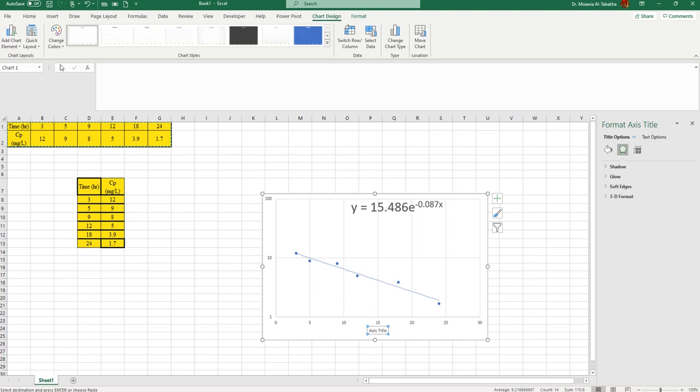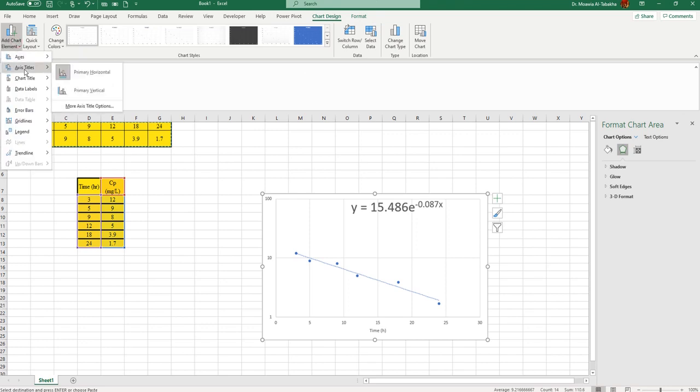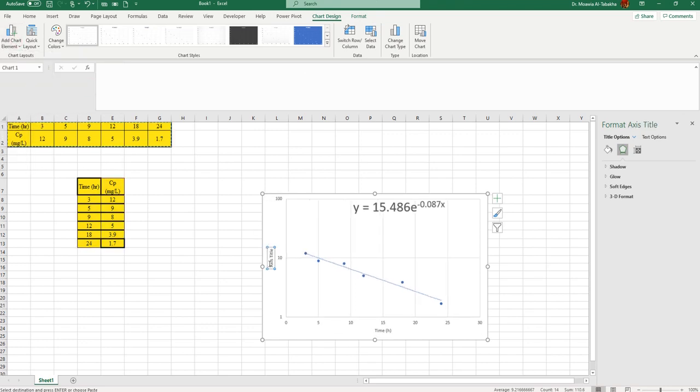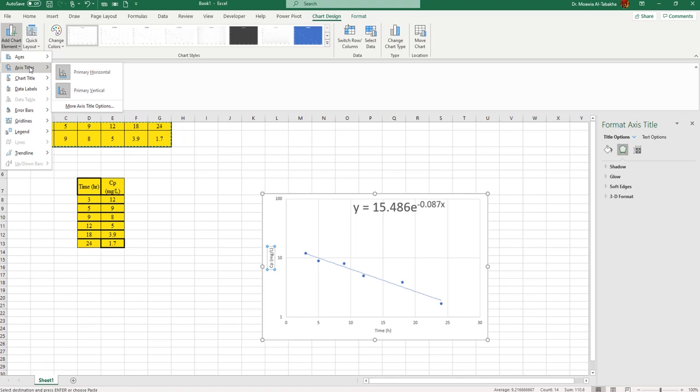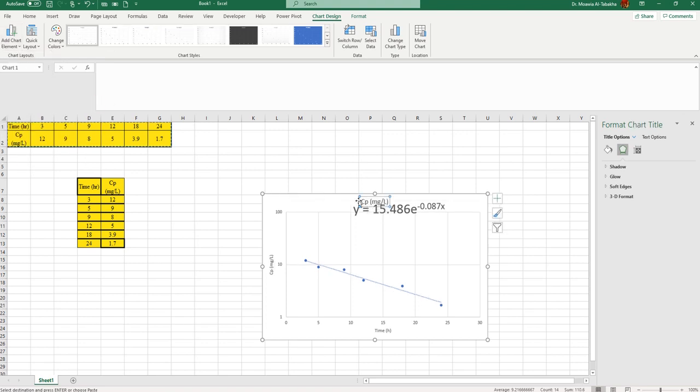For example, here we can add time in hours, and then we can go here and add the vertical axis as CP in milligram per liter, for example, and also I can add a chart title above the chart here.